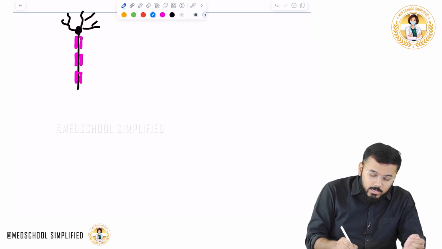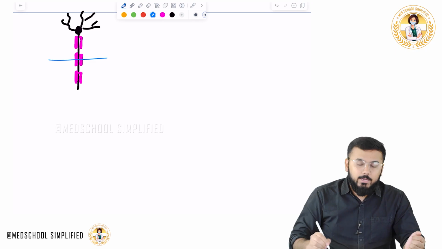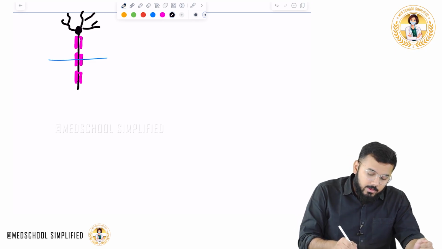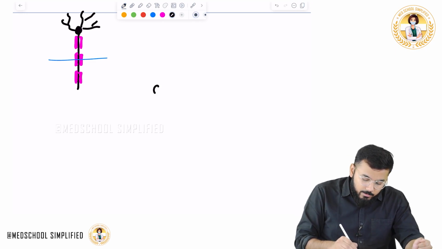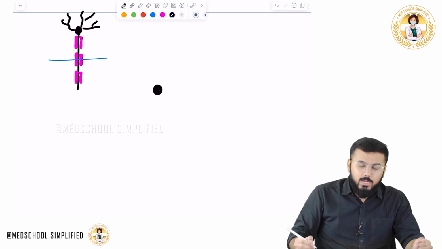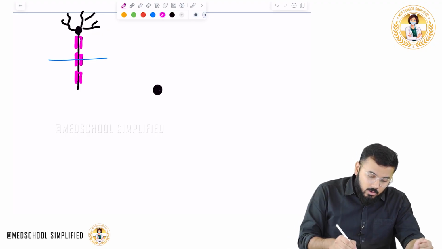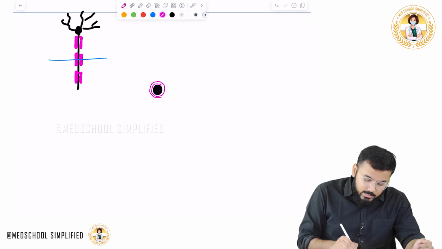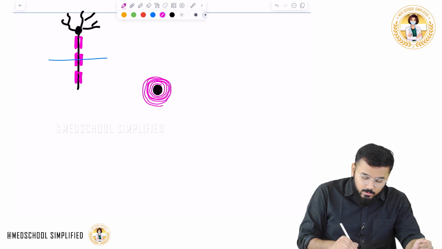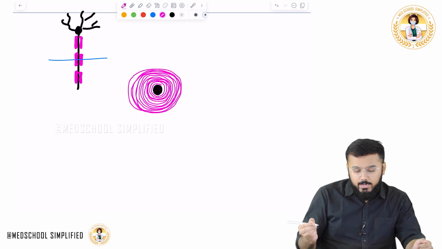Now what I am doing is that I will make a cut section of this myelinated neuron and show it to you here. If I make a cut section, the center black one will be the axon here. This is your axon. And what is this layer that is surrounding the axon? This layer is called the myelin sheath. You see how many layers of myelin sheath are located like this? These are all the layers of myelin sheath like this.